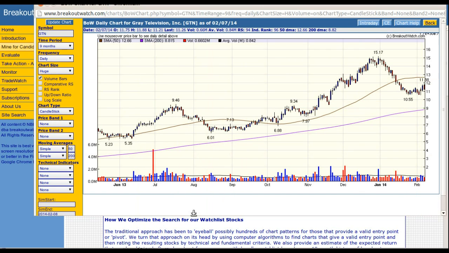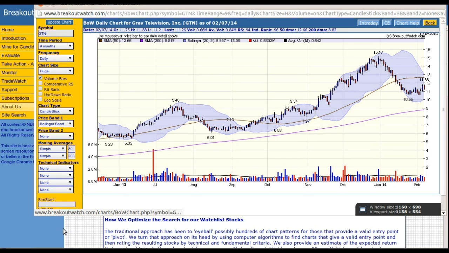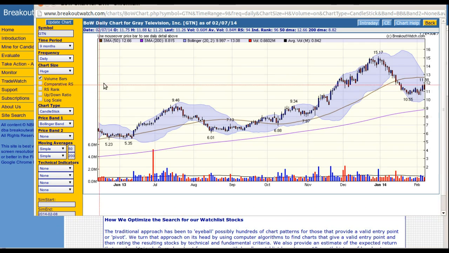Now, one of the things we can do with our charts is we can add a couple of channels. In fact, 2 channels. The first one I'm going to add is the Bollinger Band. I don't propose to say much about the Bollinger Band because you can research that on your own, but basically what the Bollinger Band shows us is how the volatility of the stock is varying.